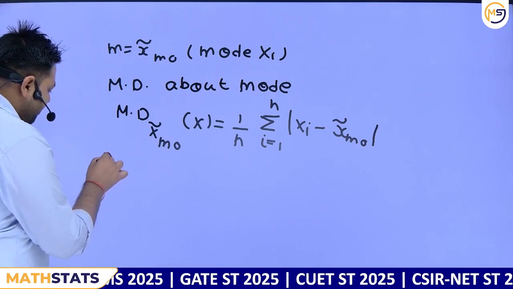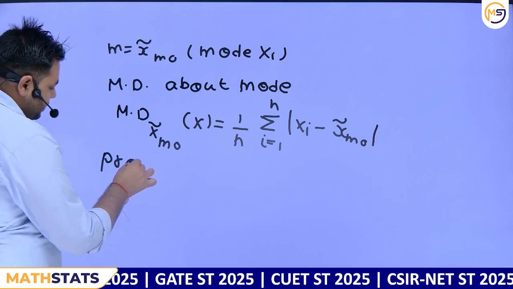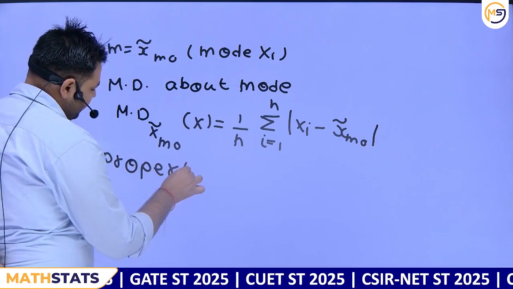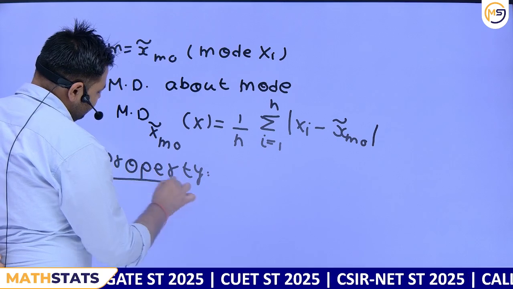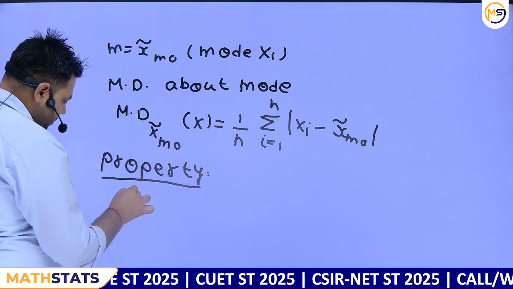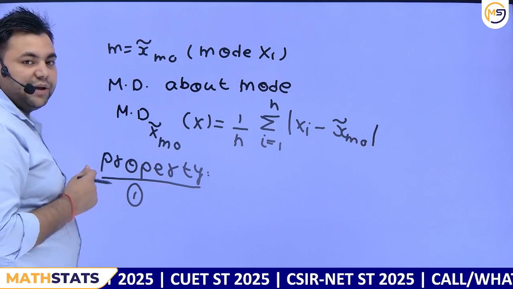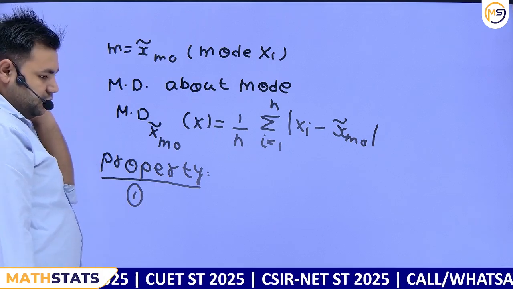Now I am discussing properties of mean deviation. What is the first property of mean deviation? Anyone?